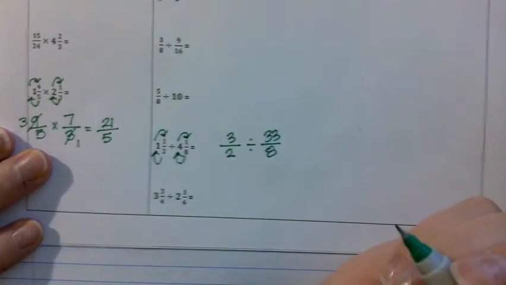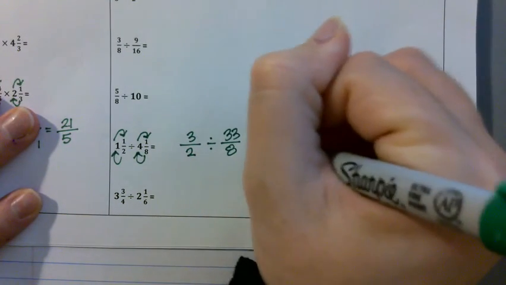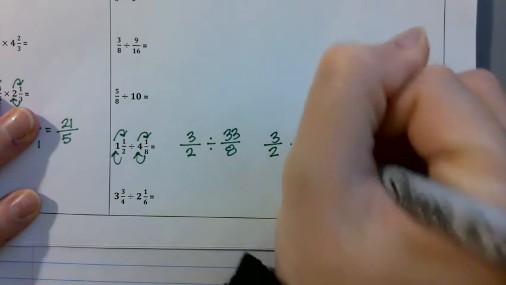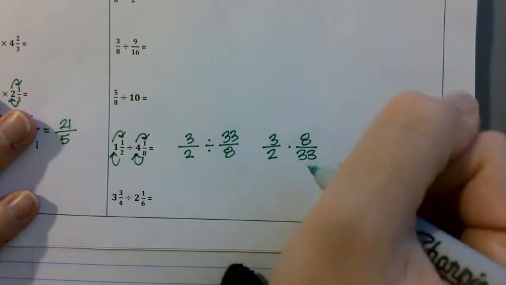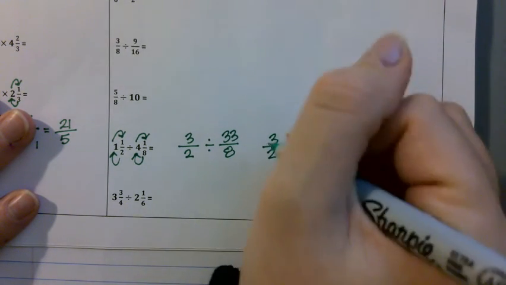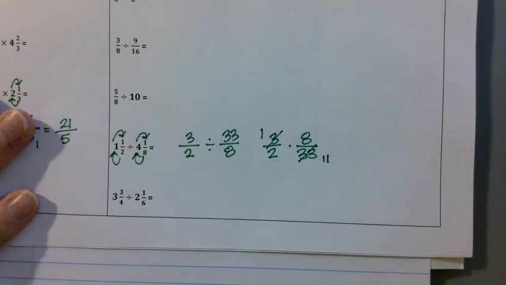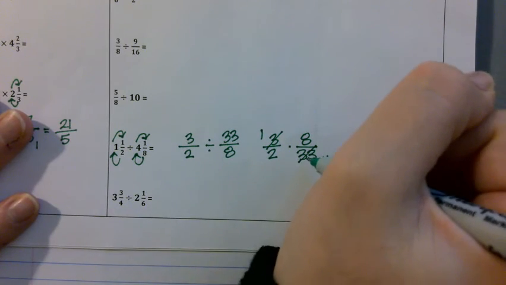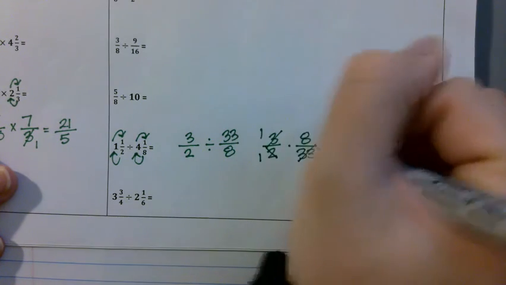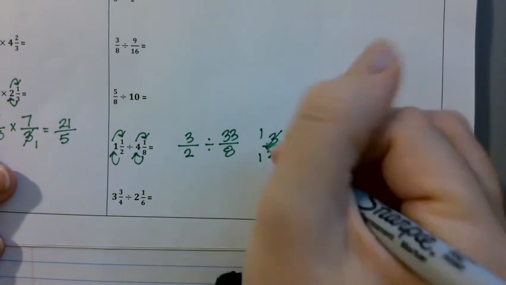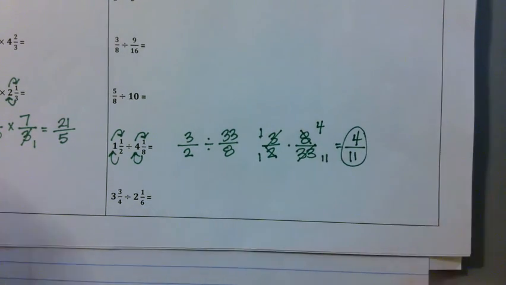I'm doing one step at a time, so I've turned them into improper fractions, and now I'm going to copy, dot, flip, and then I can cross cancel, cross simplify. 3 and 33, right away I can recognize that they're both divisible by 3. And you might need to use your multiplication chart to reference that math fact that 3 times 11 is 33. And 8 and 2 are both even numbers, divisible by 2. Now I have 1 times 4 is 4, and 1 times 11 is 11.